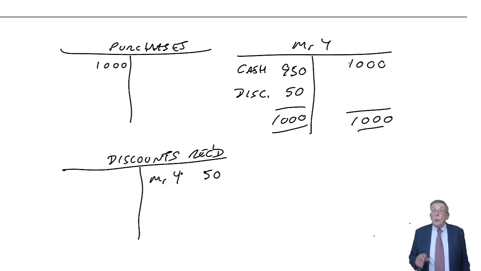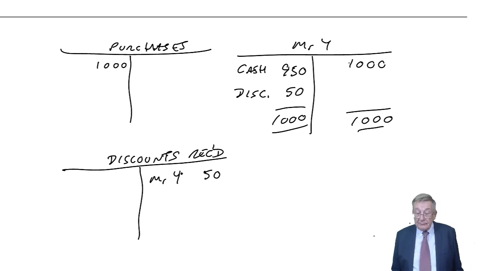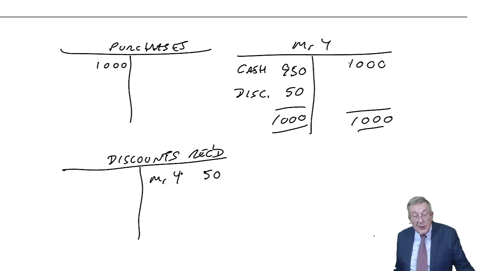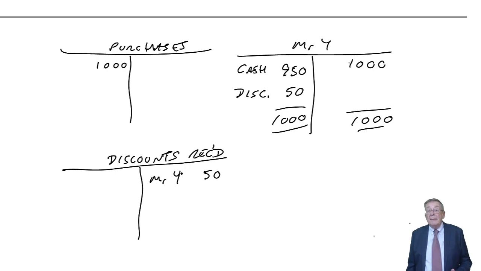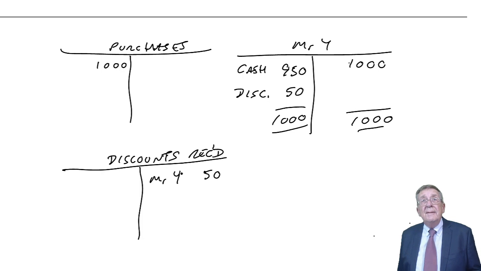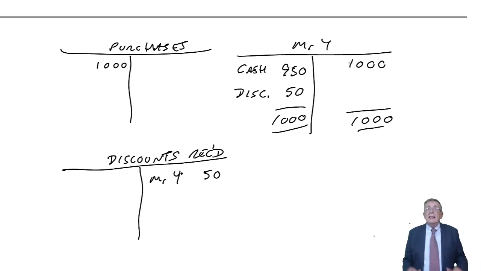And that 50 will appear on the statement of profit or loss as extra income. It'll appear separately. The purchases are still recorded as having cost us £1,000. That discount we've received will appear as other income on the statement of profit or loss.